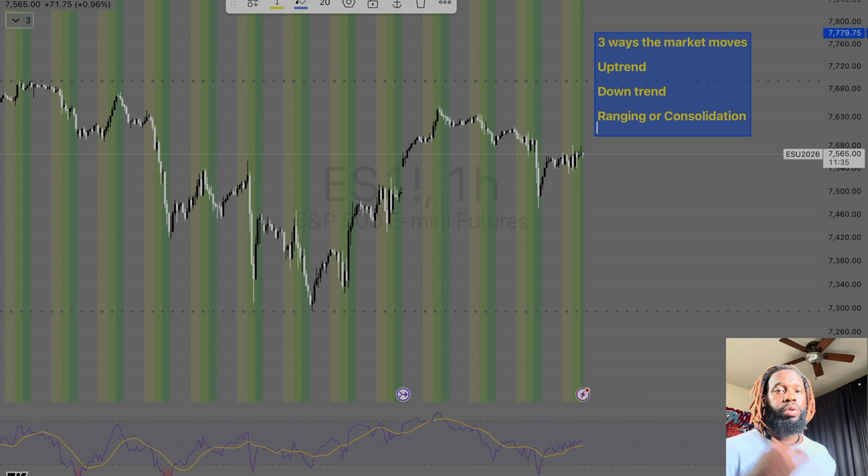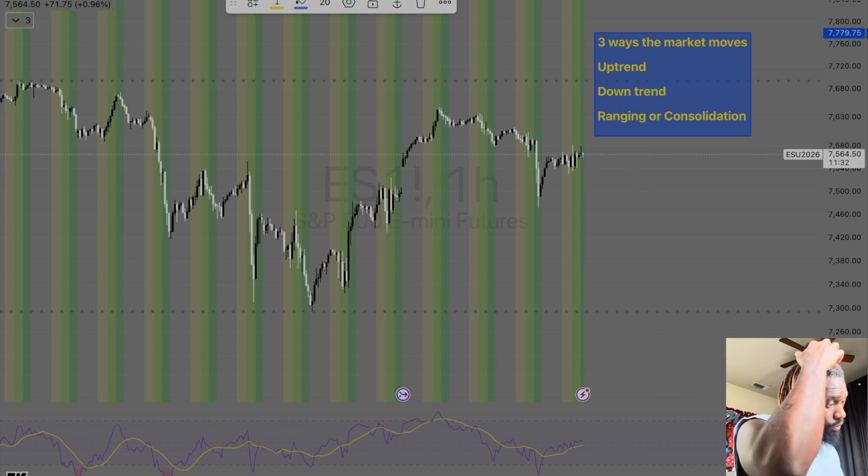Right? So those are 3 ways the market moves. An uptrend looks like this.